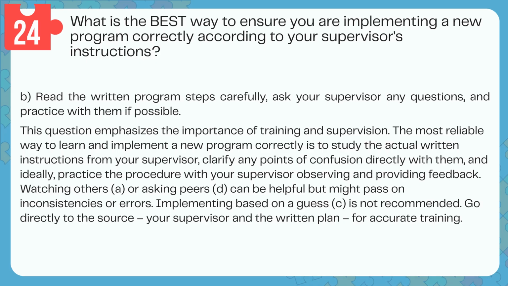Watching others, A, or asking peers, D, can be helpful, but might pass on inconsistencies or errors. Implementing based on a guess, C, is not recommended. Go directly to the source, your supervisor and the written plan, for accurate training.